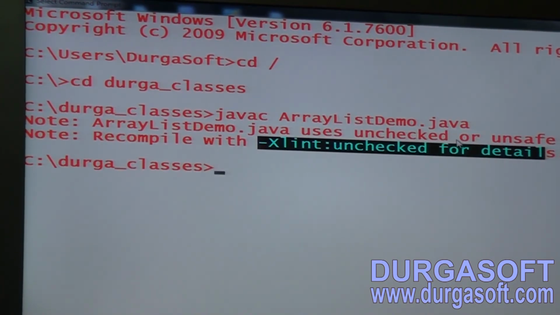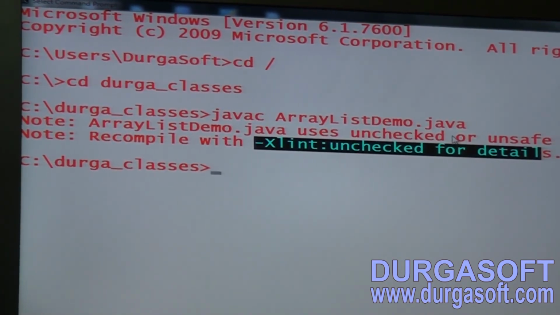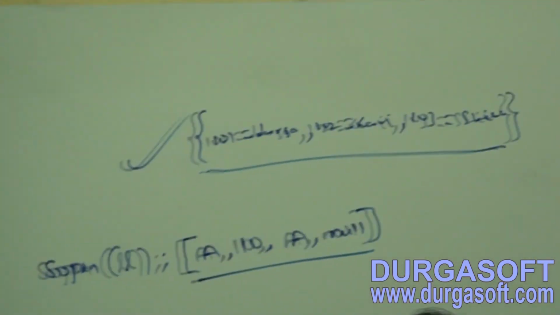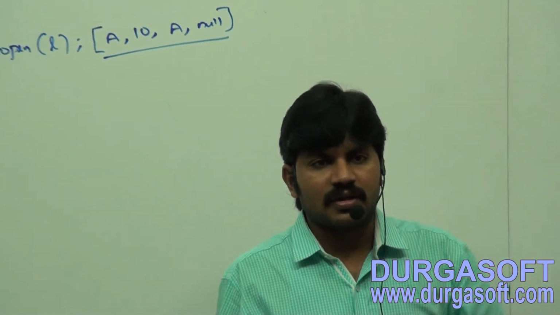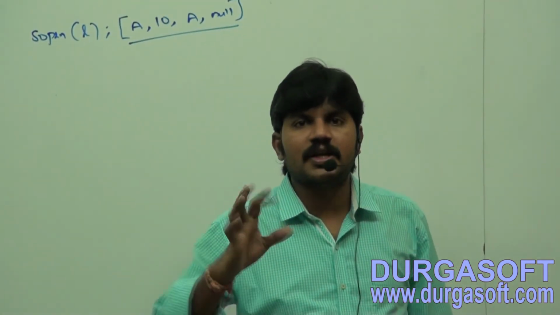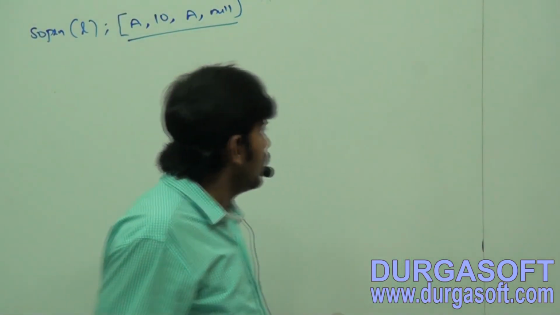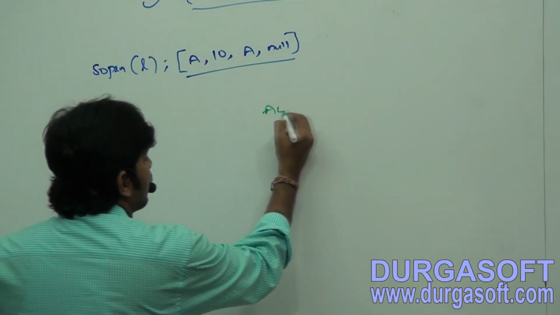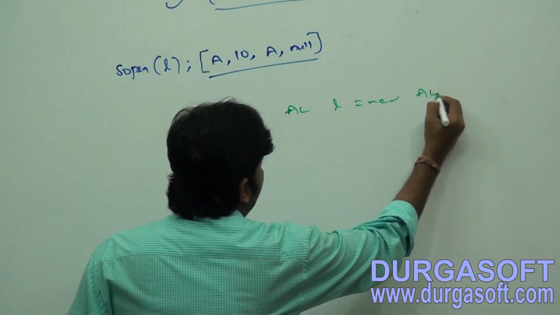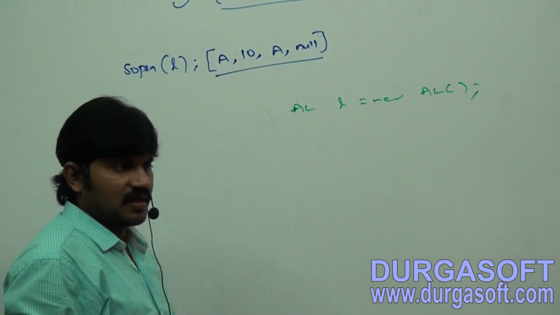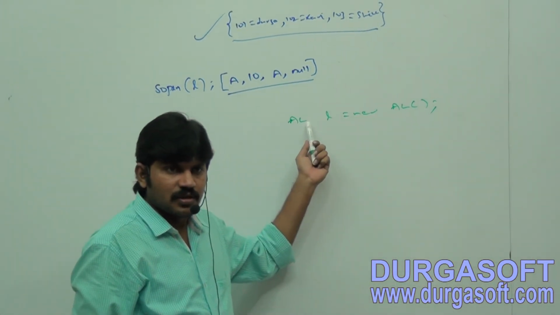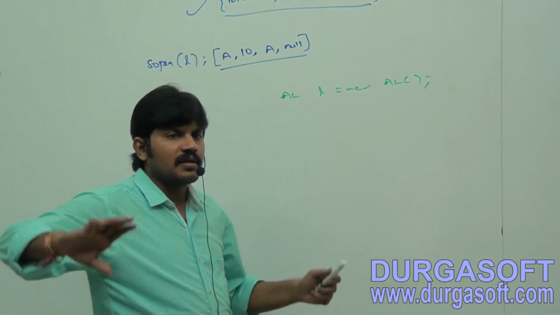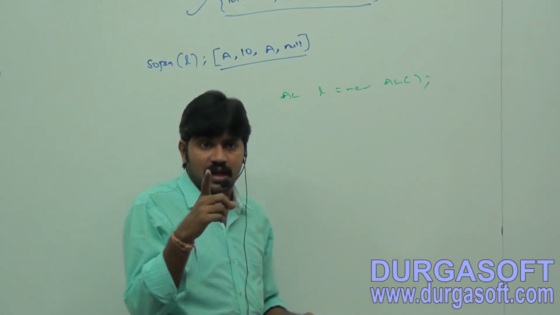In the 1.5 version, the generics concept came. From the 1.5 version onwards, it is highly recommended to use collections with generics. In our example, I created a normal ArrayList l = new ArrayList. Immediately the compiler is telling, don't create like this. If you create like this, you can add any type of object, and you may miss type safety.